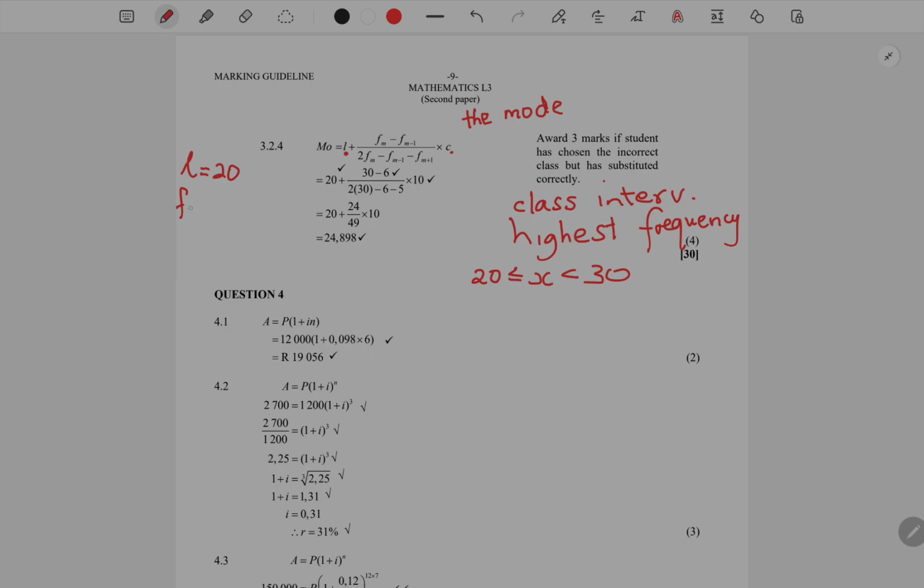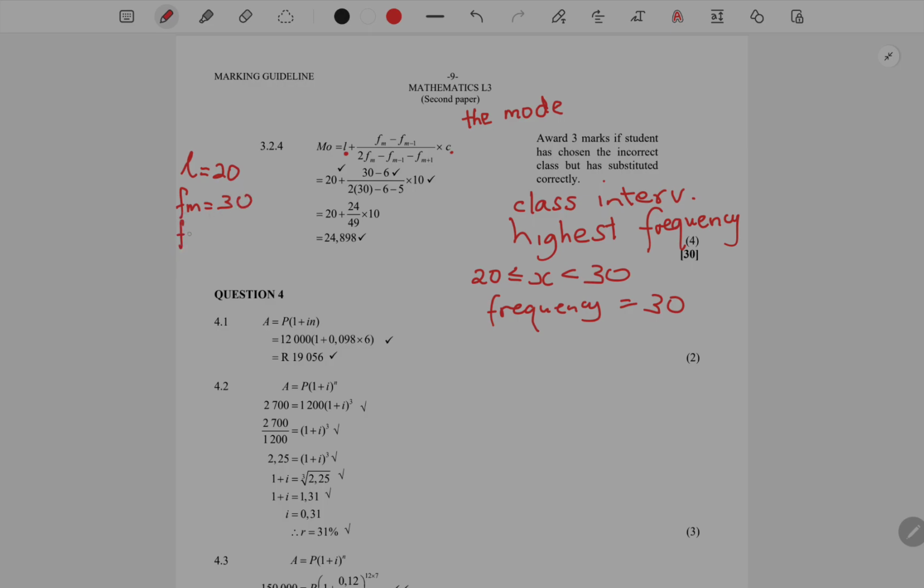Then Fm, what does Fm stand for? Now let's look at the textbook. Fm is the frequency of the modal class interval. So the frequency of this class is 30. Let me write it down here. So Fm is the frequency of the modal class, which is 30.